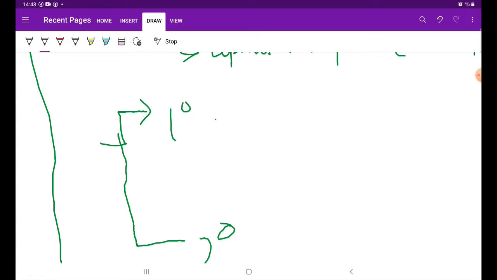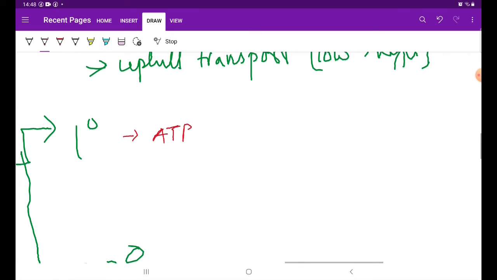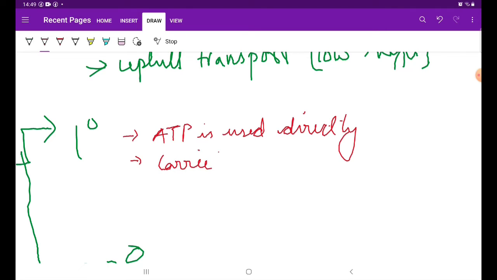In this particular thing, ATP is used directly and carried by a pump. Okay, carried by a pump.